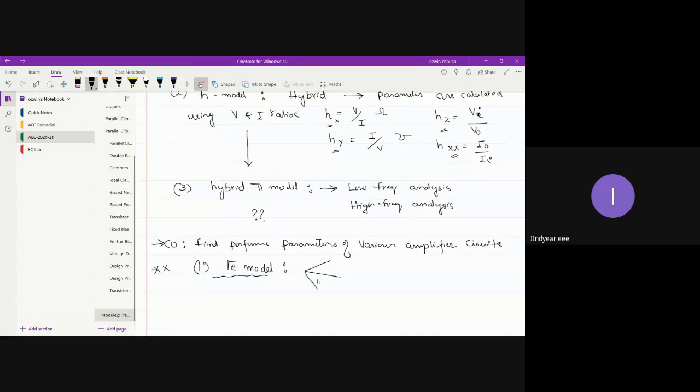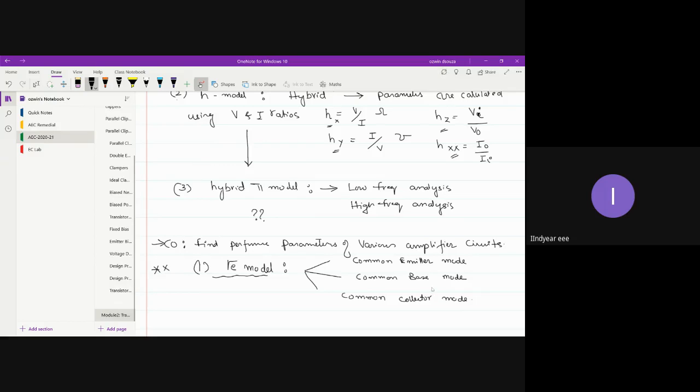As we have already studied in module 1, a transistor can be configured in common emitter mode, or in common base mode, or you can also configure a transistor in common collector mode.